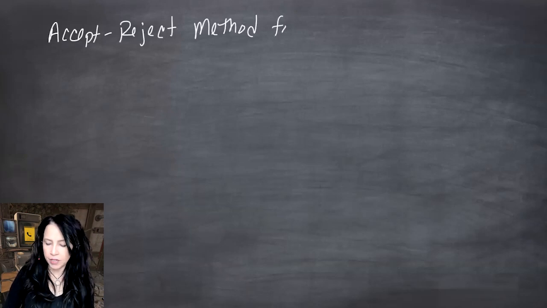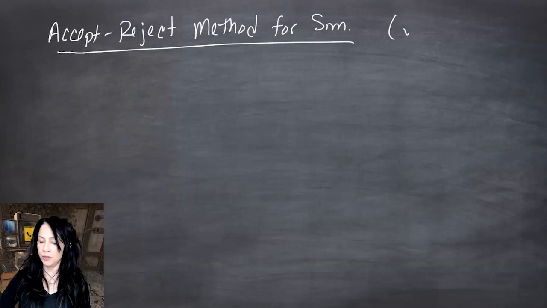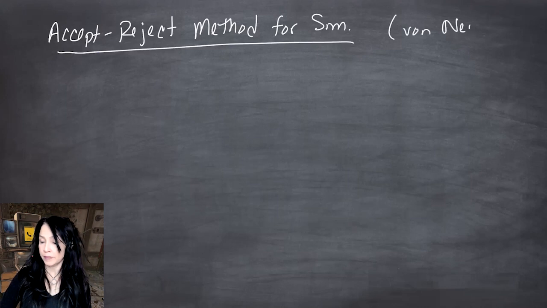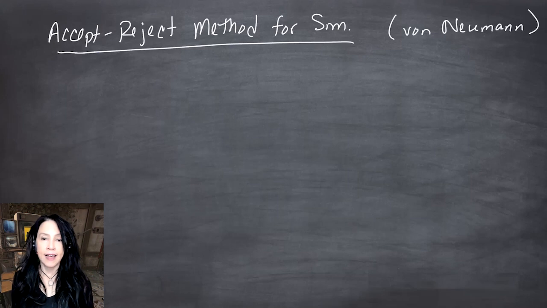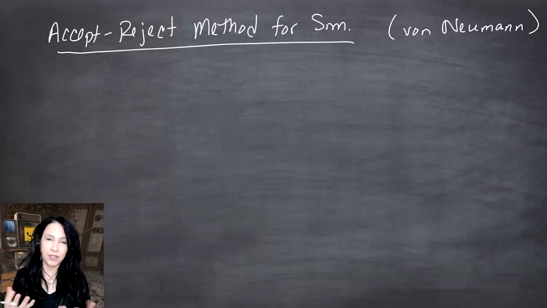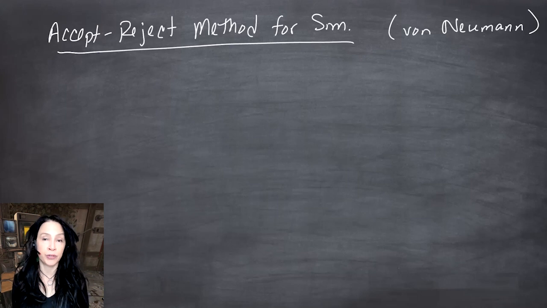And what I'm going to do is use something called the accept reject method, which is attributed to John von Neumann. And this method can be used in the discrete and continuous cases. Everything I'm going to talk about today, I'm going to describe it in terms of continuous random variables, but this all could be for discrete distributions.